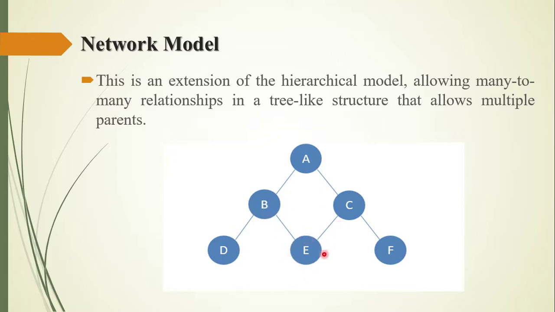Node D has parent B, node F has parent C, node C has parent A, node B has parent A. But node E has parent node B and parent node C. So this structure is known as a network model.